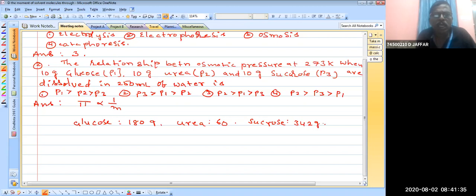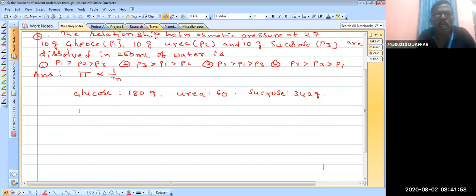The more the molar mass, the less the osmotic pressure. So urea's osmotic pressure is P2, that's why the answer is P2.